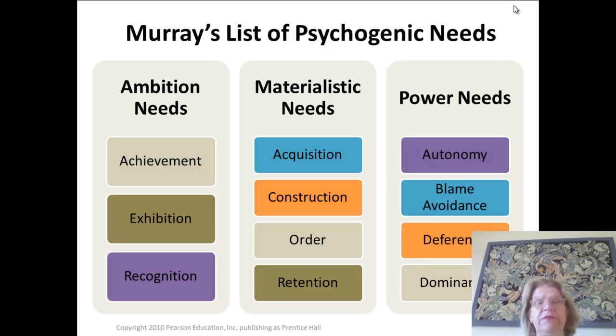There are 6 groups of needs, actually 5 groups of needs, but in these slides they would be divided into 6 groups. First of all, the ambition needs: achievement, exhibition, recognition. By achievement is meant success, accomplishment, and overcoming obstacles.